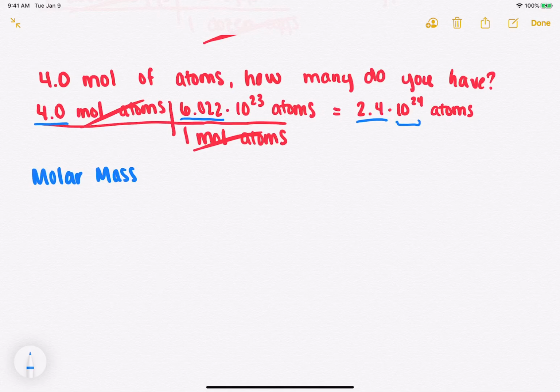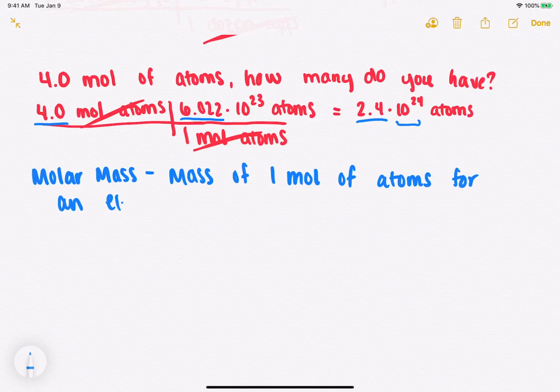So this is the mass of 1 mole of atoms for an element. And this is the same number as the atomic mass, except we use different units.